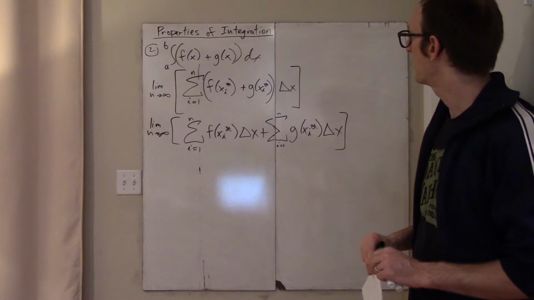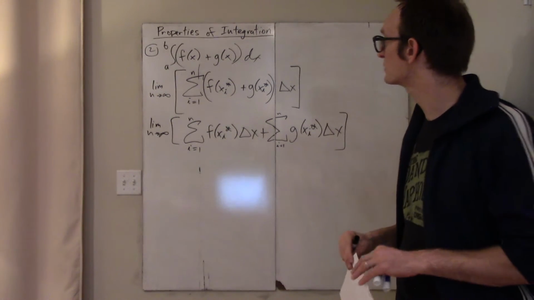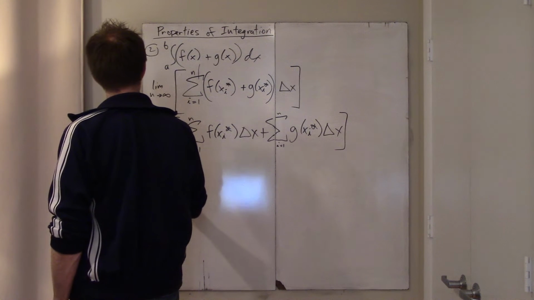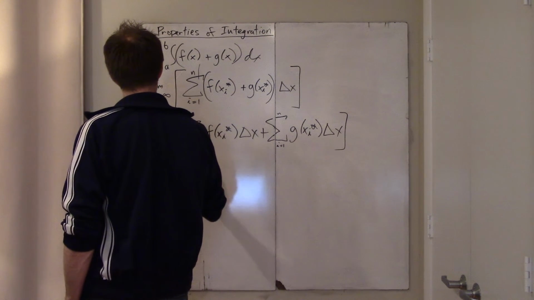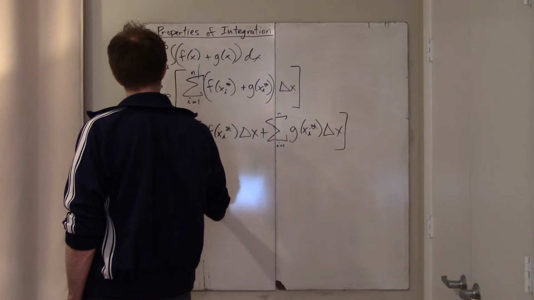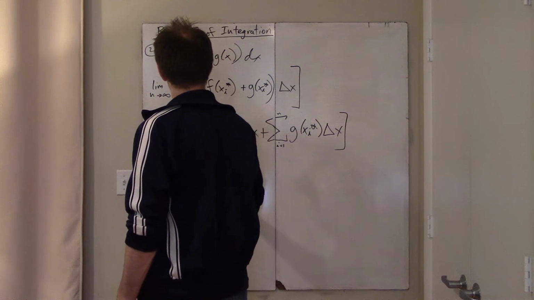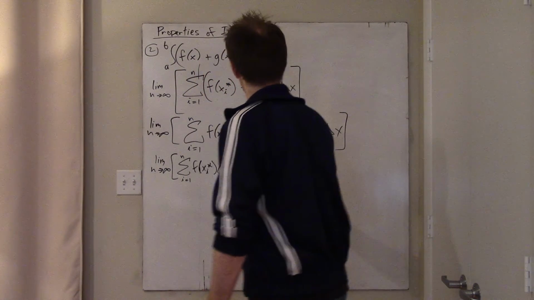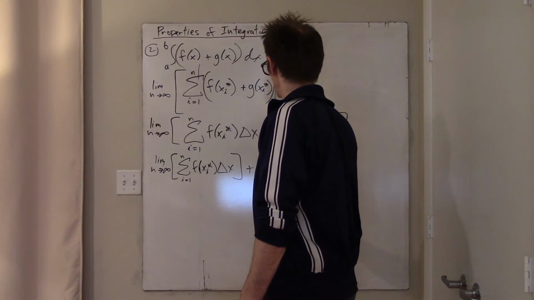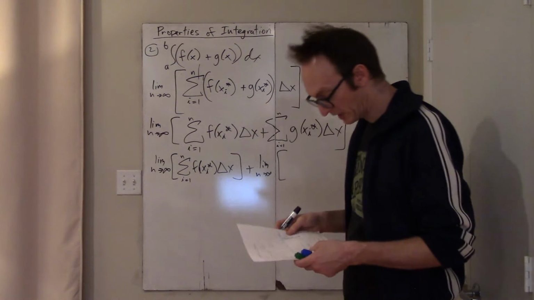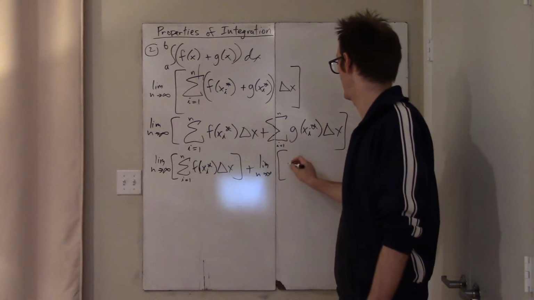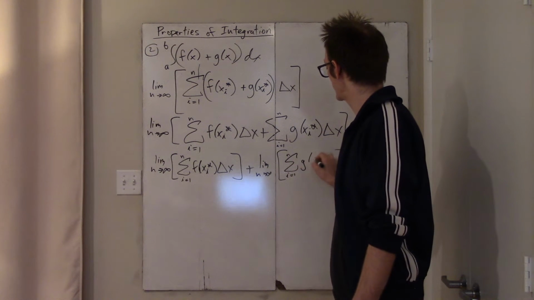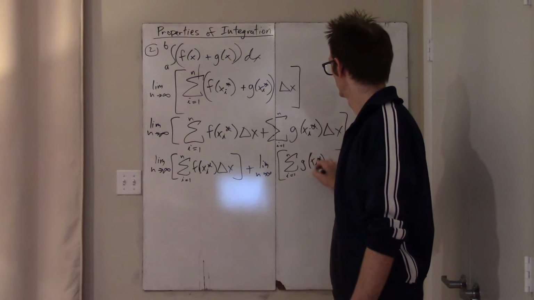But then the obvious next thing to do is to apply a limit rule. And then this becomes the limit as n goes to infinity of the sum from i equals 1 to n of f of x sub i star delta x plus the limit as n goes to infinity of the sum from i equals 1 to n of g of x sub i star delta x.